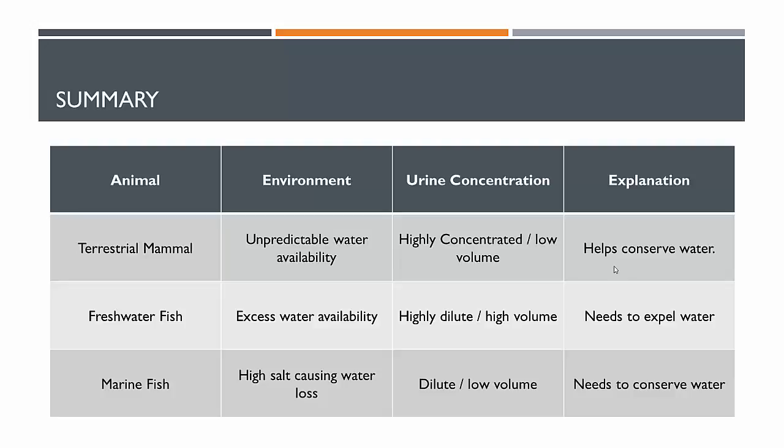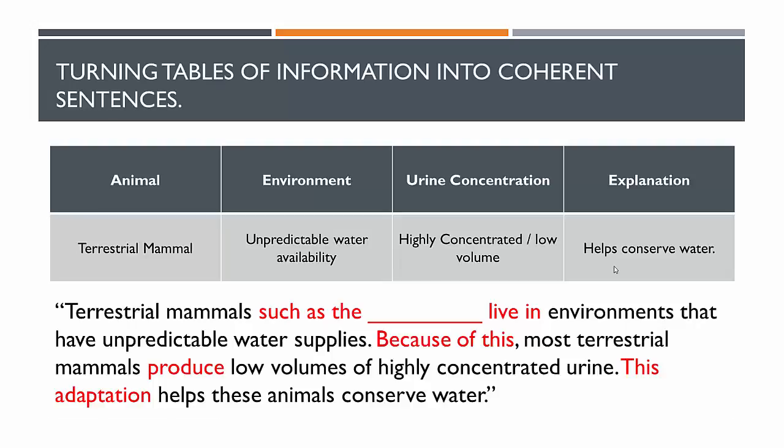So I want to make sure that when you produce these tables, you practice getting the information from them into good sentences, sentences that you can use in either an extended response or in a section where it's not really appropriate to draw a table. So let's have a look at this.